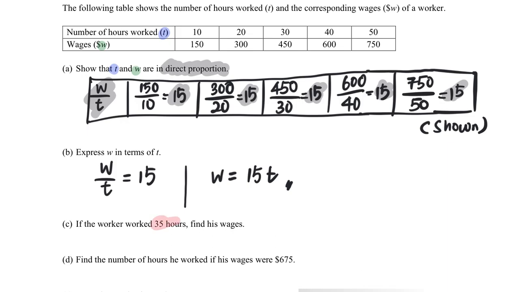If a worker worked for 35 hours, find his wage. Now I know the hours, T. All we have to do is the wage will be equal to 15, it is always 15, times T. T now is 35.